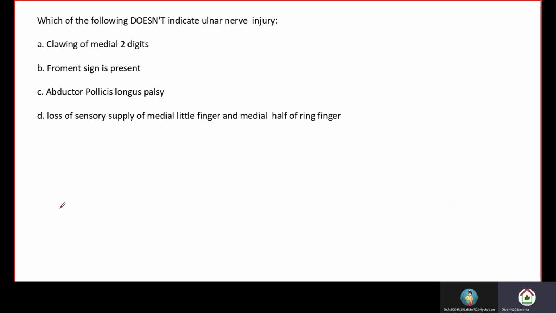Okay, next question. Which of the following doesn't indicate ulnar nerve injury?